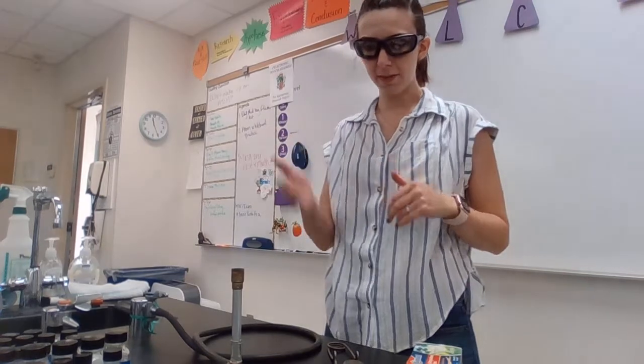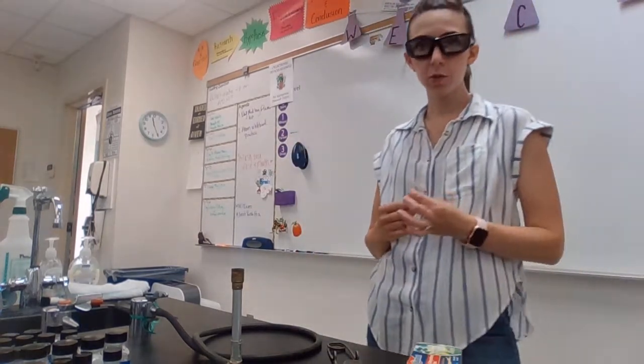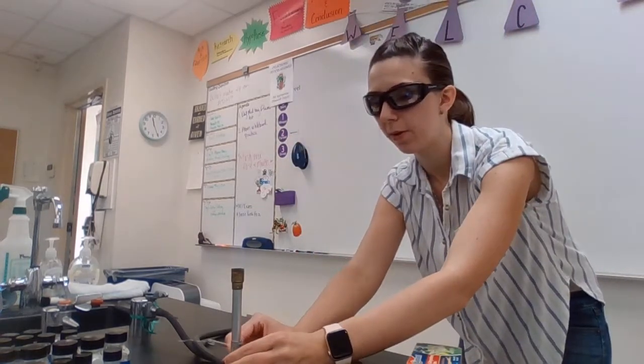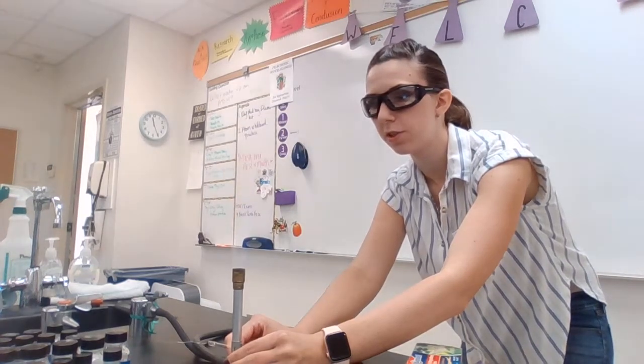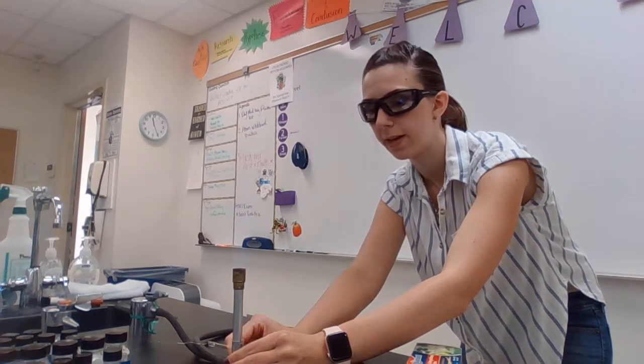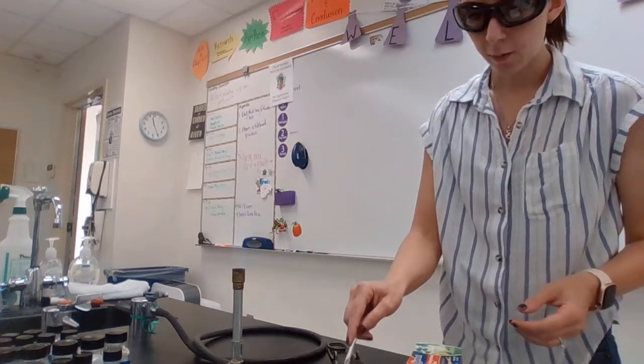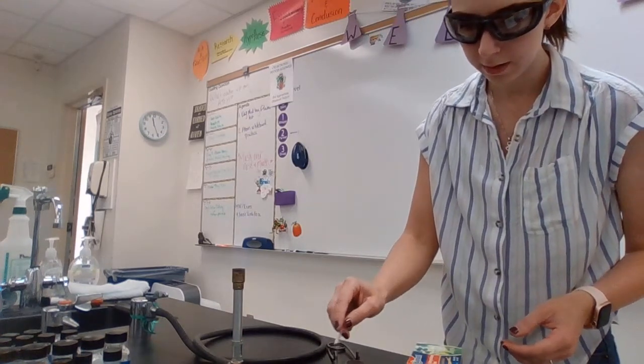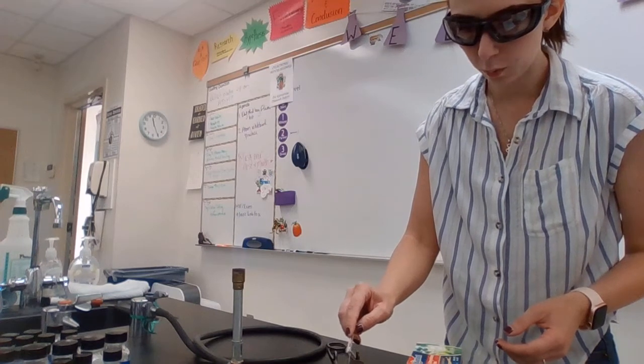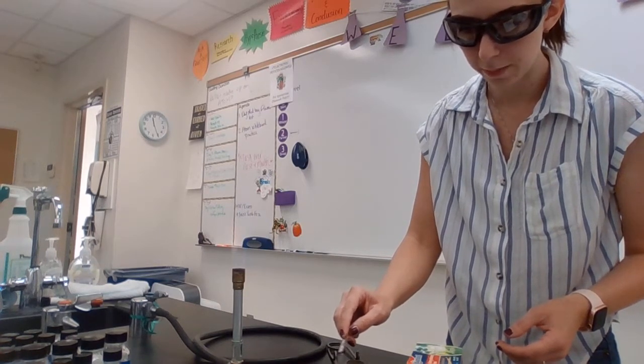So we have our flame going here. So the first one we're going to try out, and to adjust our flame, if we want to, we can add a little bit more oxygen or less oxygen, depending on what kind of flame we want. So for our first one here, we are going to try medicine bottle number 1 and see what colors we come up with.